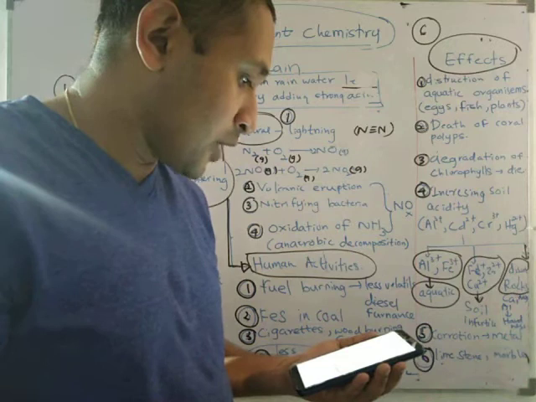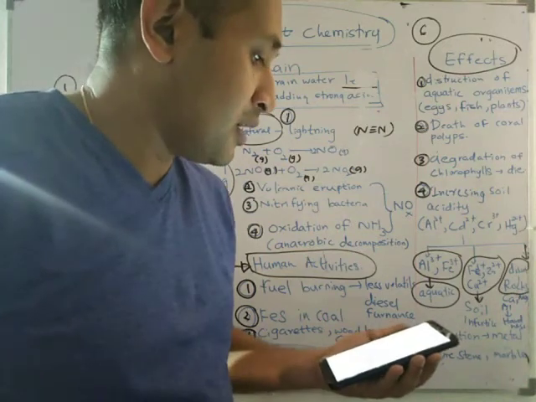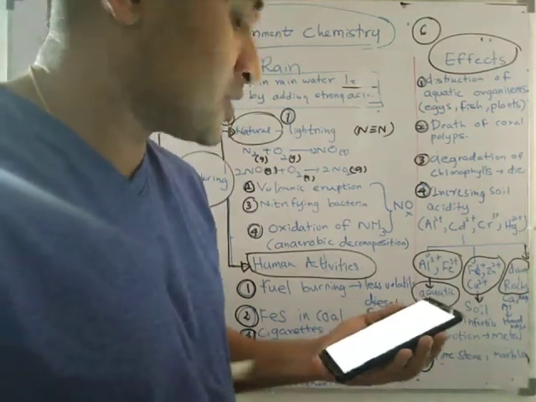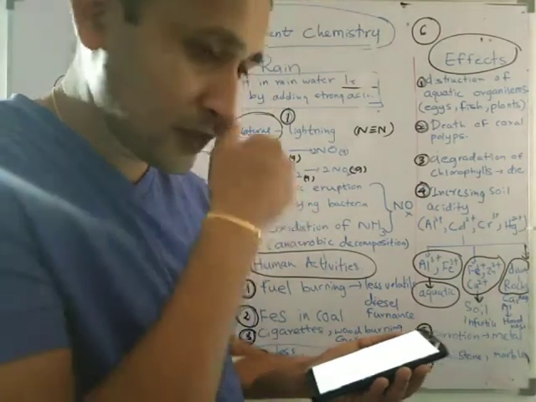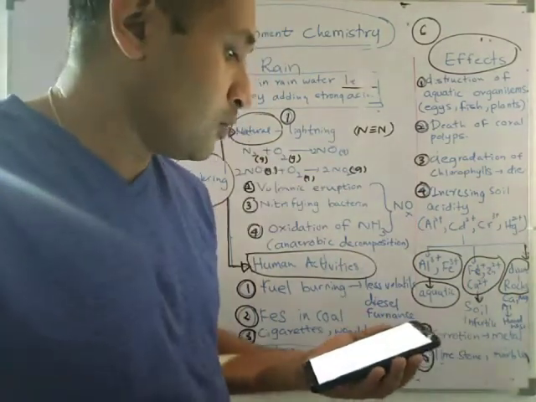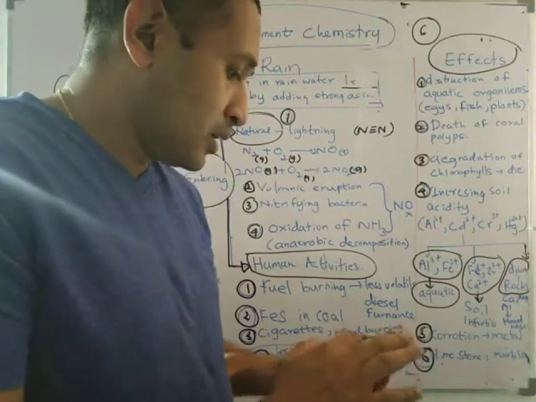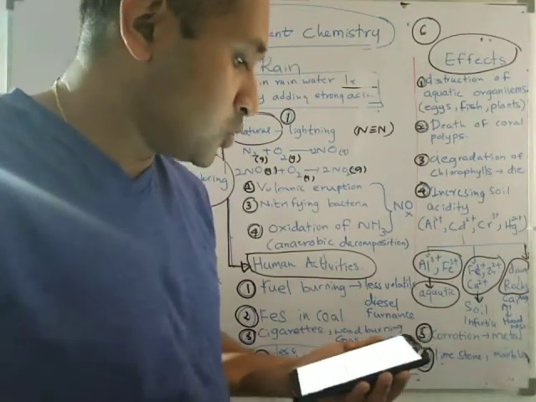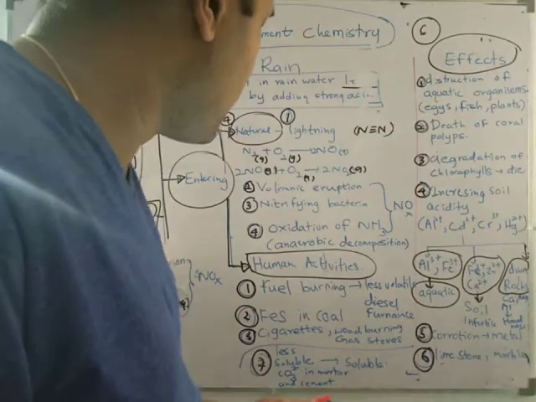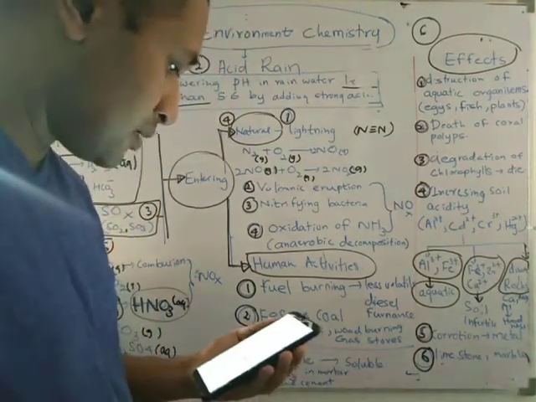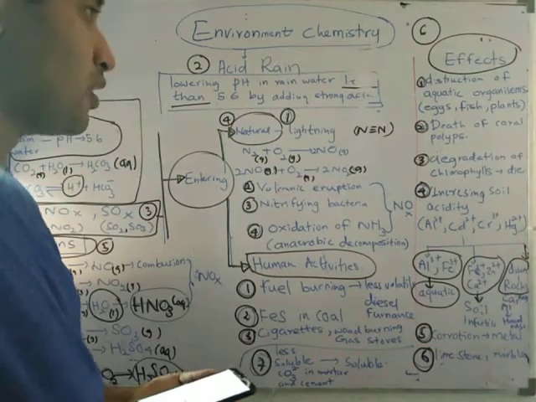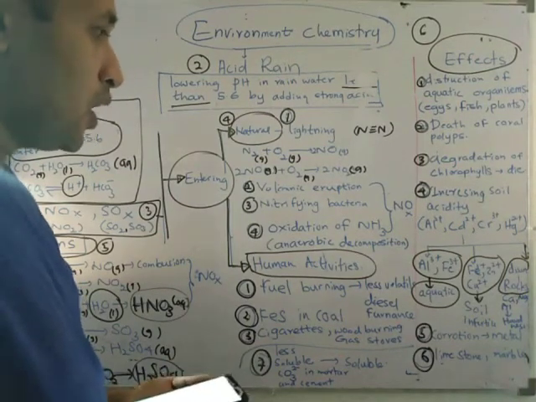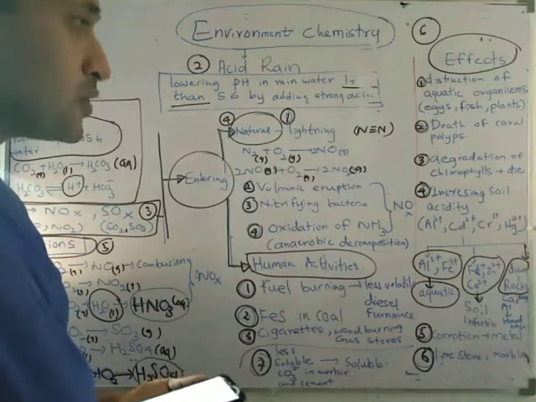Another method is you can use calcium hydroxide, and calcium hydroxide reacts with sulfur dioxide to form calcium sulfite and water. Like that also you can remove sulfur dioxide. Third one is you can use environmentally friendly fuels and alternative energy sources. There are a lot of alternative energy sources. Without using fuel, we can use them.